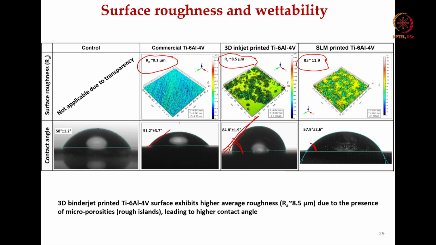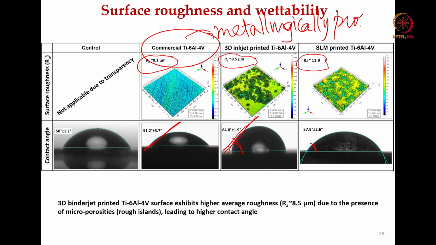Commercial essentially means conventionally, metallurgically processed, either forged or rolled Ti6Al4V, and there we get an Ra value of 0.1 micron and a contact angle of 51 degree.